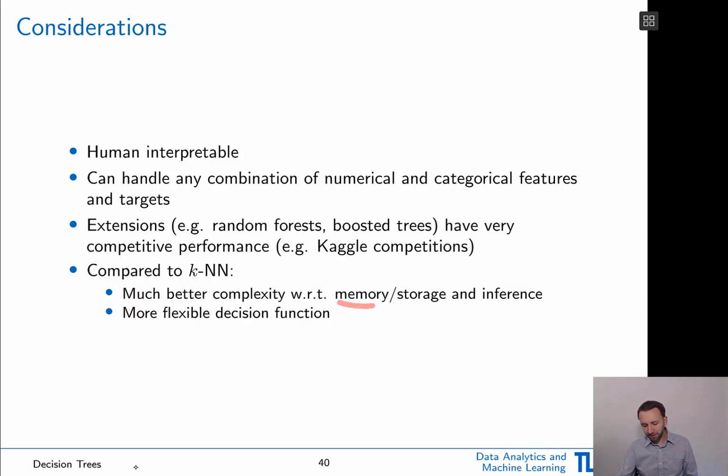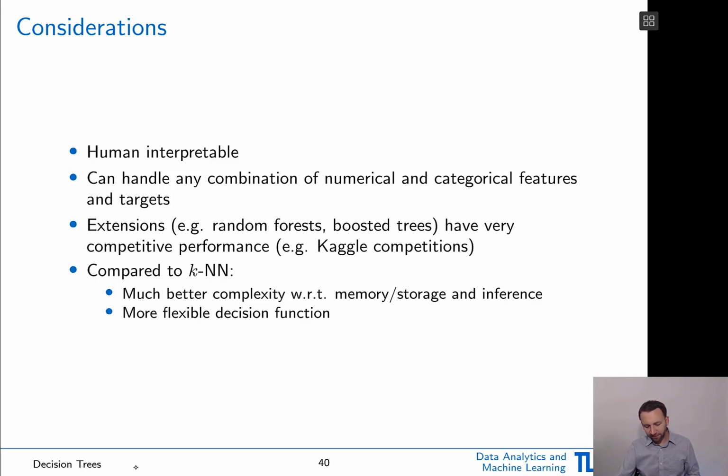And then last but not least, compared to KNN, and we said it already during this video, they are much smaller in their memory footprint. We don't have to store our actual data, and they are also much faster in inference time because we just have to traverse a tree. And we have, this is somehow debatable, I would say, more flexible decision functions. In decision trees, we have these rectangular regions. In KNNs, we have some different kind of regions.